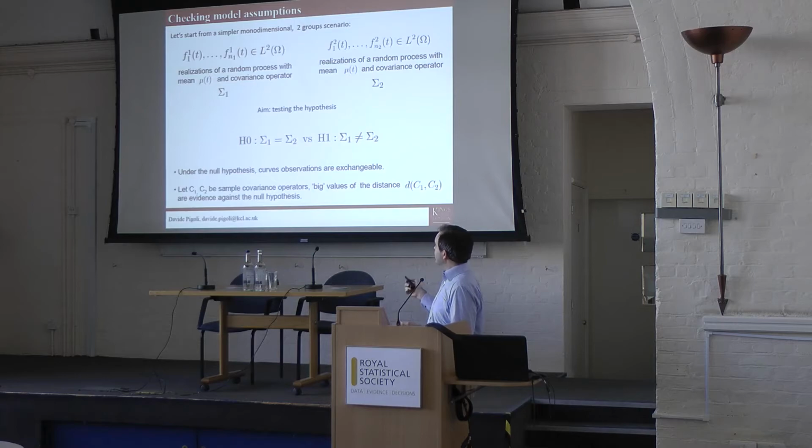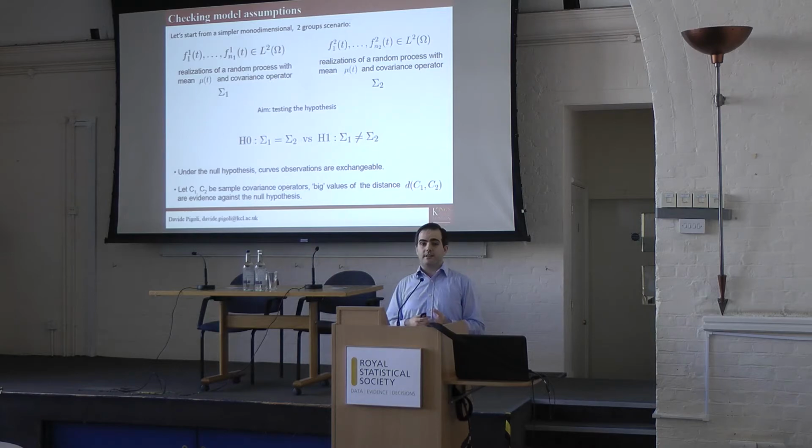Under the null hypothesis, if these two samples of functional data are generated from the same mean and have the same covariances, it means that the curves between the two samples are exchangeable. So I can use a permutation strategy where I permute the labels between the two samples, I recompute my test statistics, and I do that many times, and I use this to build a permutational distribution for my test statistics.